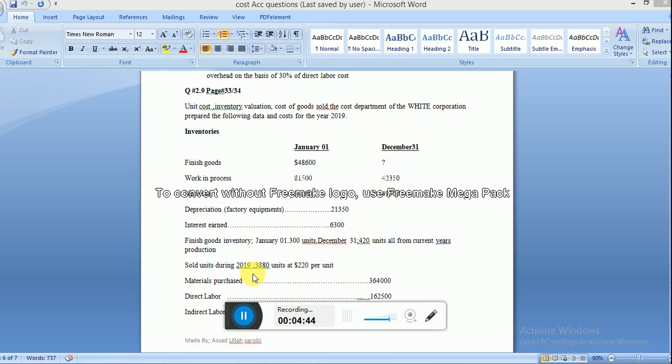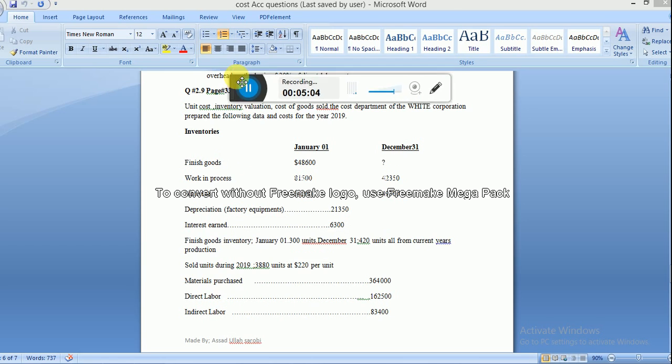So look at 3,880 units that are sold during the year 2019, and the selling price per unit is $220.